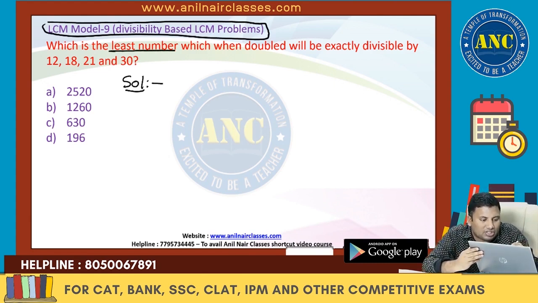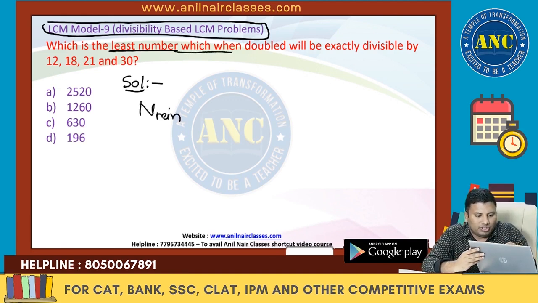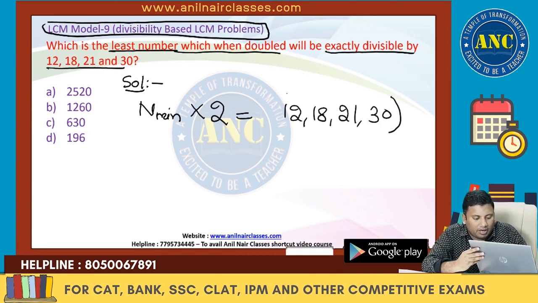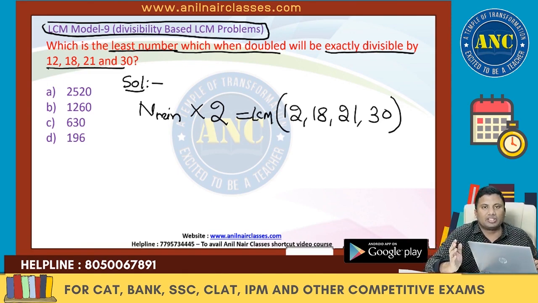What is the least number which when doubled will be exactly divisible by 12, 18, 21 and 30? The number which is divisible by 12, 18, 21, 30 is nothing but the LCM. We have converted the entire statement into a mathematical expression.